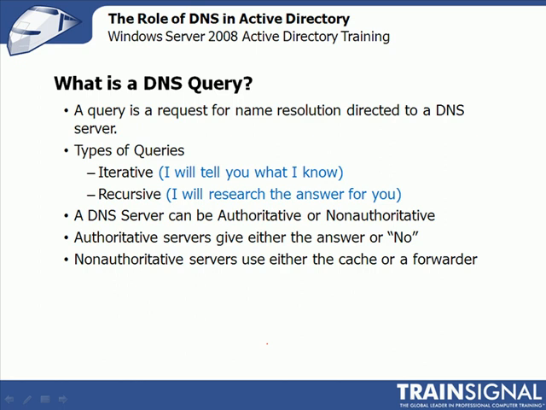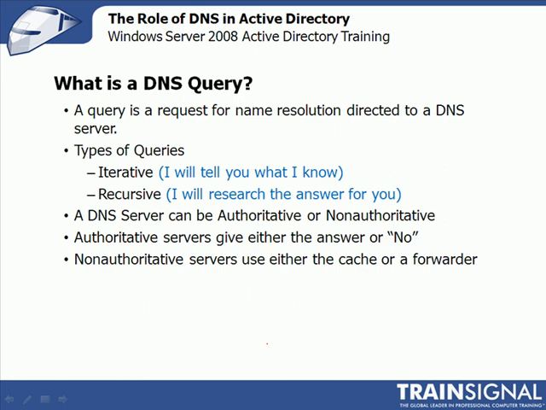So with an iterative query, I'll tell you what I know, but that's all I will tell you, even if all I know is, maybe you should go ask that DNS server over there. And we'll get to what that's called in just a moment. But an iterative query is, I will look in my own personal database, and I'll tell you what I know, even if that response refers you to another DNS server.